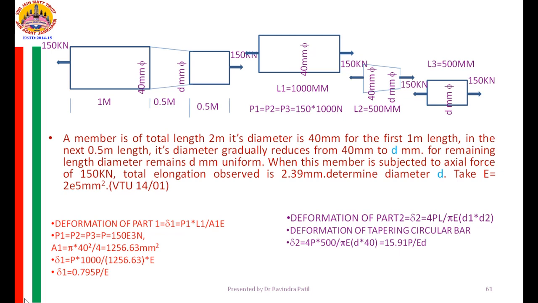When it is a uniformly tapering circular bar, what is the expression? It is 4PL divided by pi E into D1 D2. Pi E D1 D2 are in the denominator, right? This is the deformation of a uniformly tapering circular bar. We have proved it.